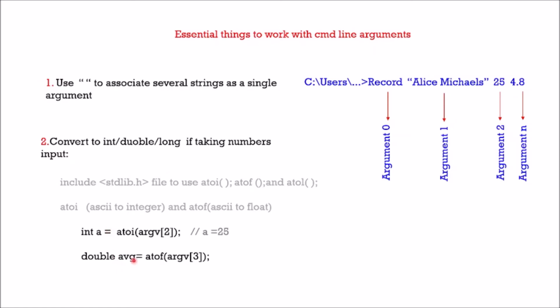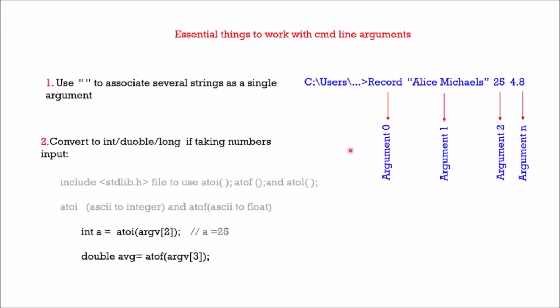Also, this average, which is a floating point number, I will use a double type, which is the best for this case, and we'll use the atof function. So I will convert this argument vector position 3 from this string to the actual floating point number 4.8.